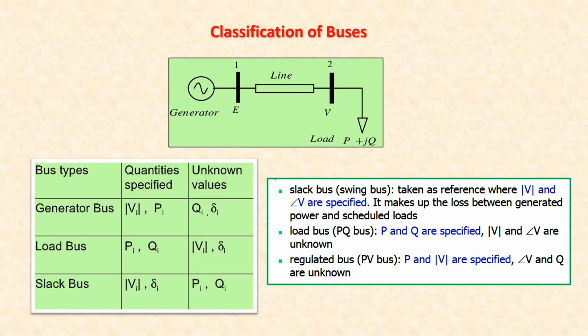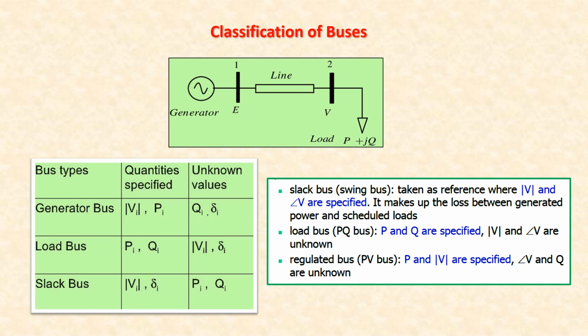Also note that the reactive power supplied by the generator, Qgi, depends on the system configuration and cannot be specified in advance. Therefore we have to find the unknown angle delta i of the bus voltage.